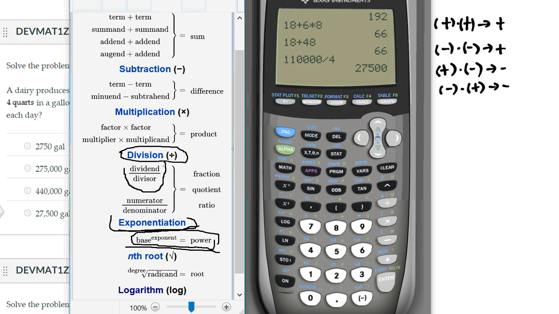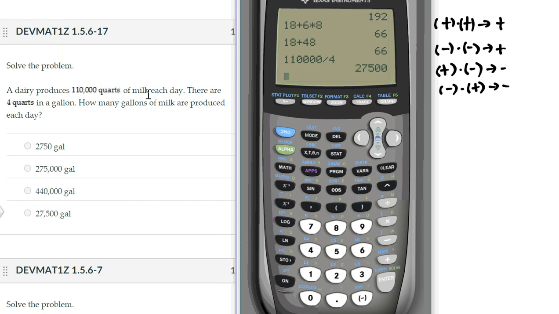The divisor, division, and the numerator is also called the dividend. Okay? So you want to be clear on terminology. So the final answer for this one is 27,500 gallons.